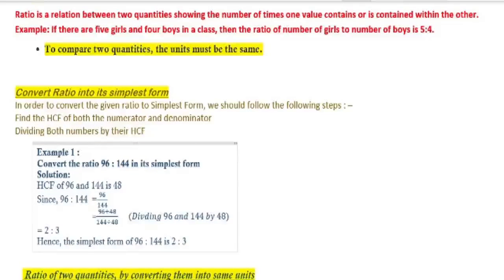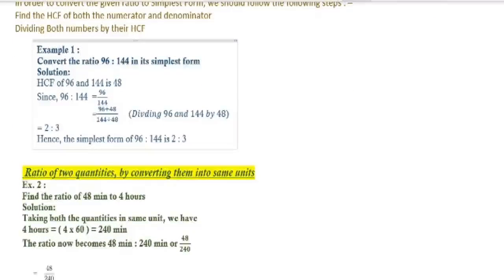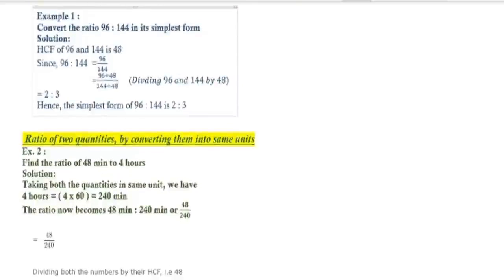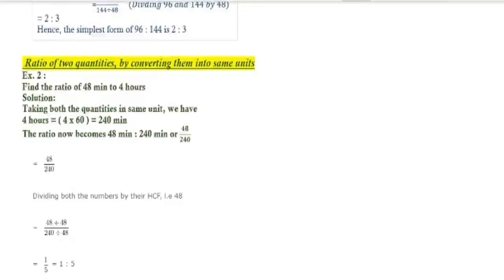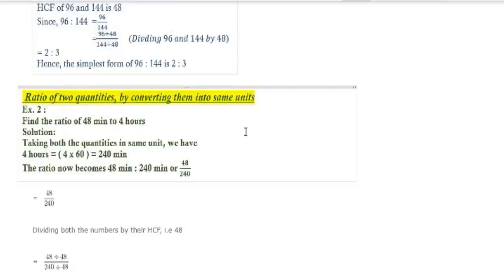Now the second one, ratio of two quantities by converting them into the same unit. I told you that for comparing two quantities we use ratio. The example here: find the ratio of 48 minutes to 4 hours. Here the first quantity is in minutes and the second quantity is in hours.